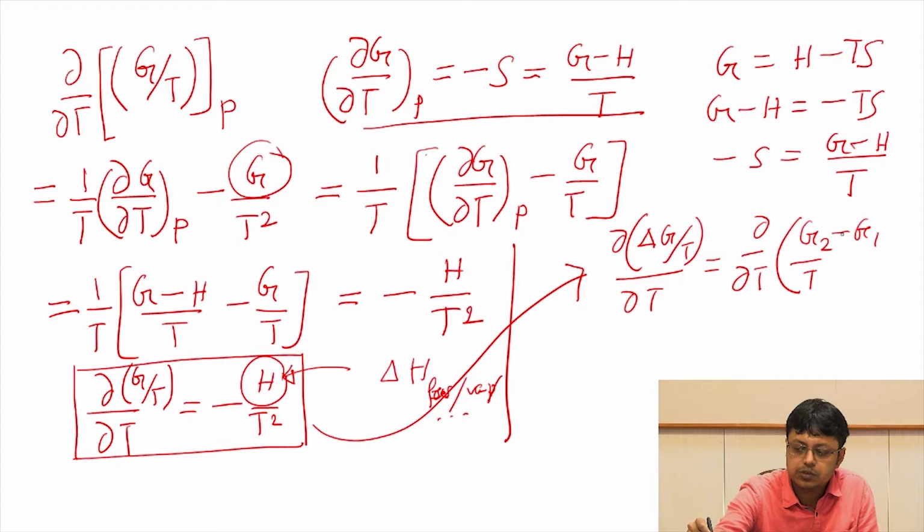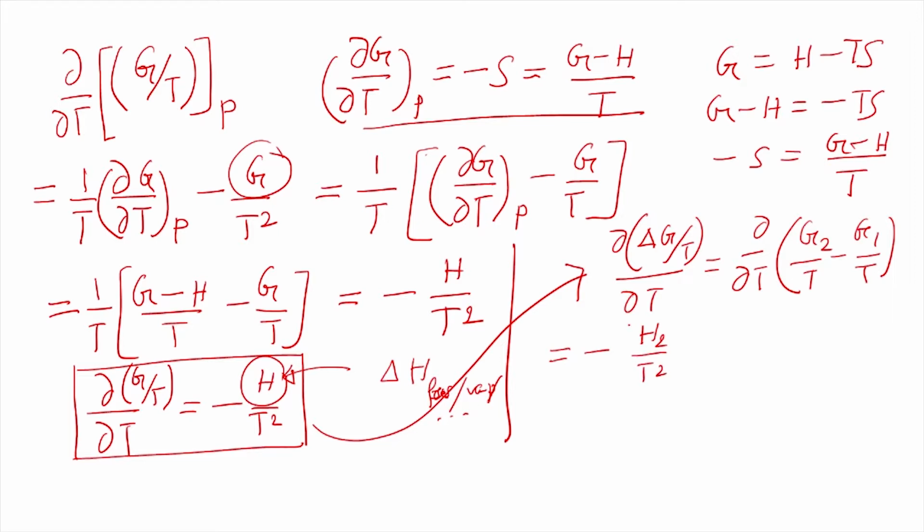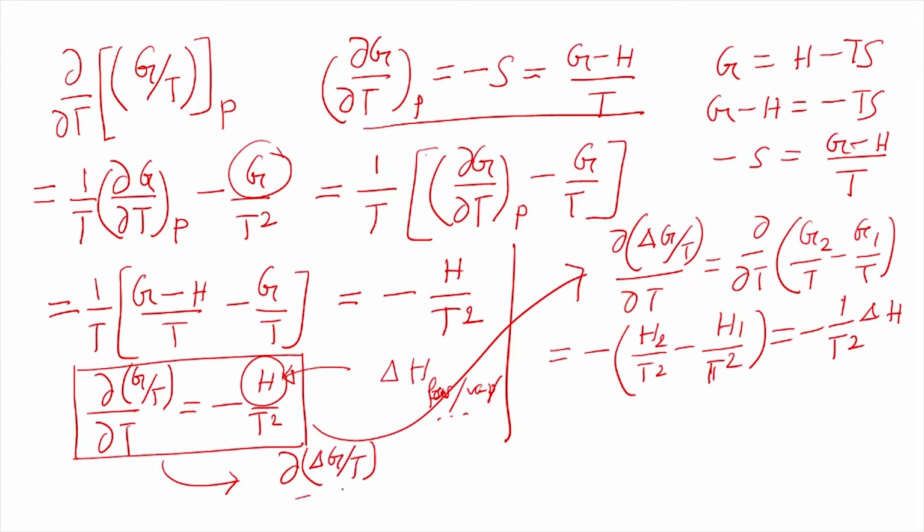So we can write it as G2 divided by T minus G1 divided by T, and using the same expression, we discover this is nothing but minus H2 divided by T square minus H1 divided by T square, which is nothing but minus 1 over T square into delta H. So we get another useful relation: del of delta G by T del T is minus delta H by T square.